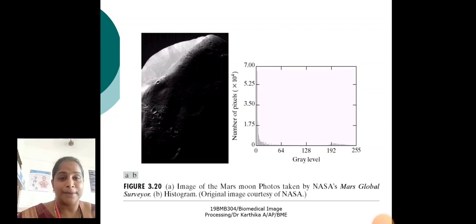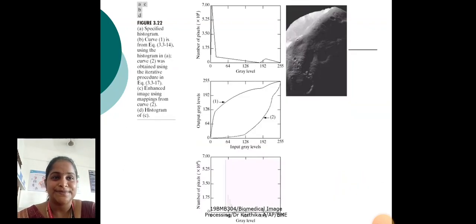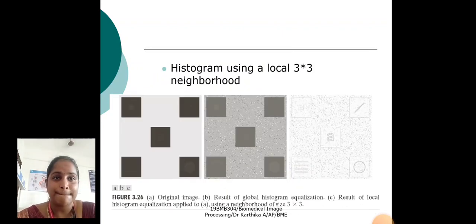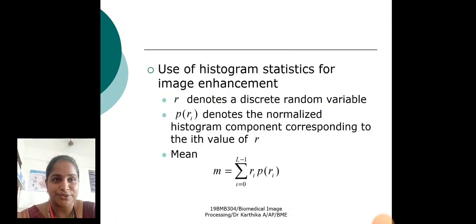This is an application of histogram processing: an image of the Mars moon, photos taken by NASA's Mars Global Surveyor. The histogram for this one is represented in gray level. Also in histogram processing, local enhancement is possible. This shows the histogram using a local 3x3 neighborhood.